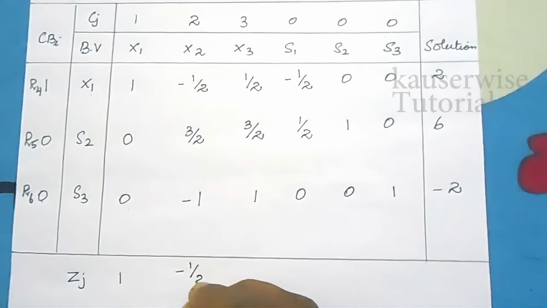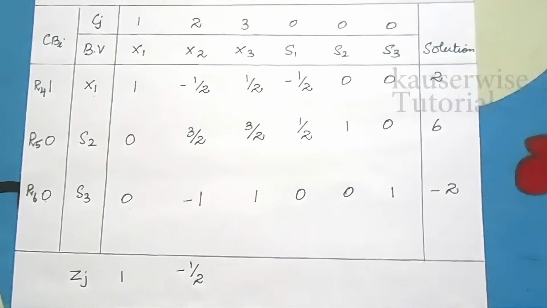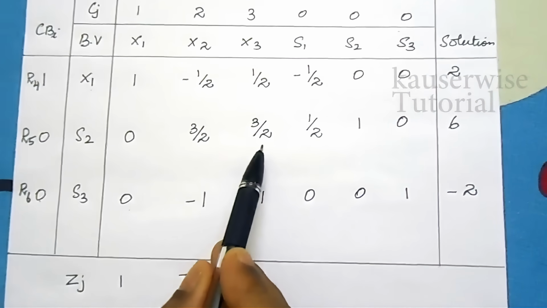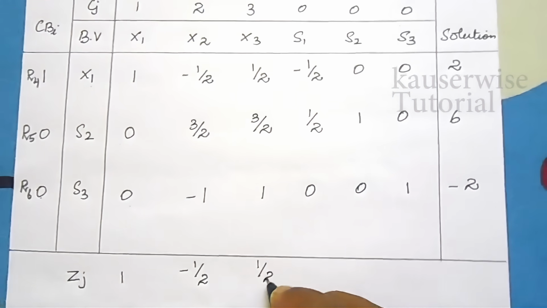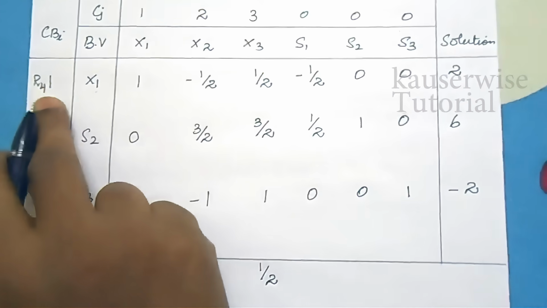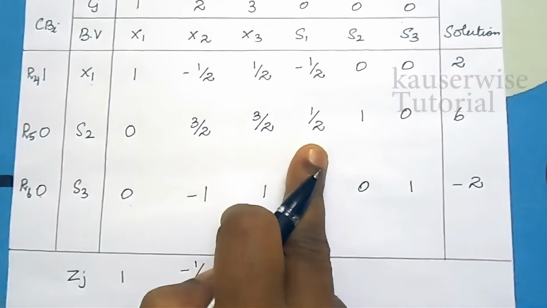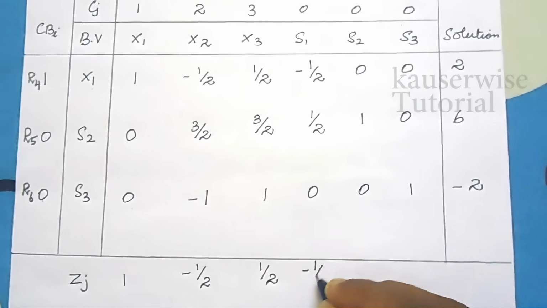Minus 1 by 2. In the same way, we need to find Zj for all other values also. 1 into 1 by 2 plus 0 into 3 by 2 plus 0 into 1 is equal to 1 by 2. For the next value, 1 into minus 1 by 2 plus 0 into 1 by 2 plus 0 into 0. The answer is minus 1 by 2.